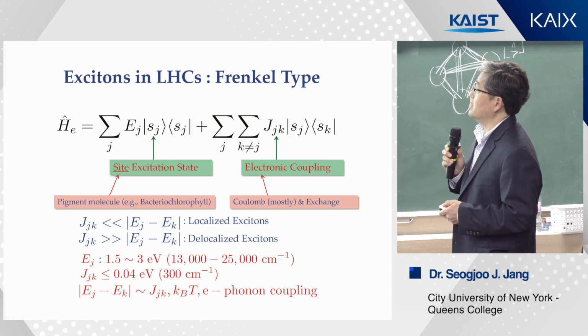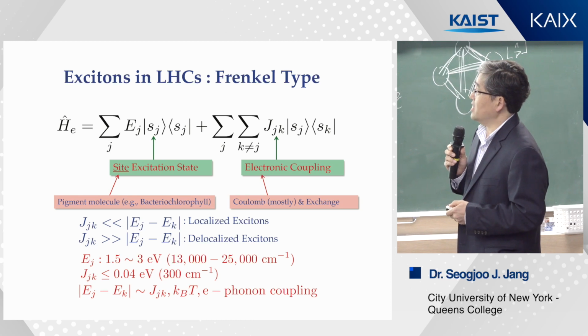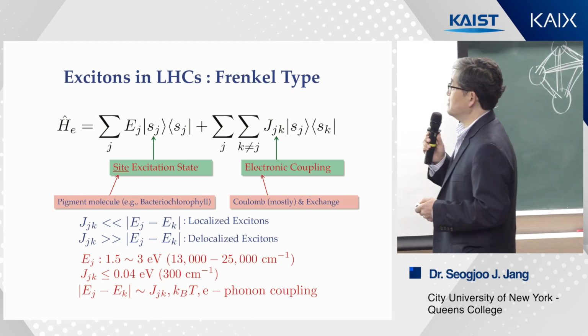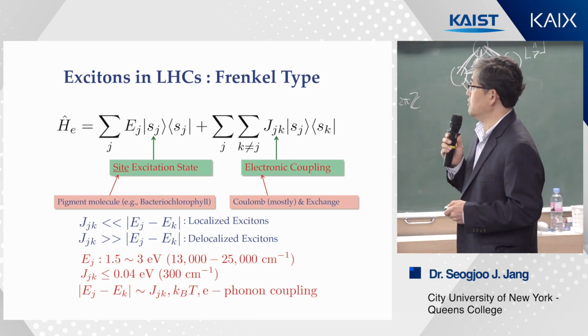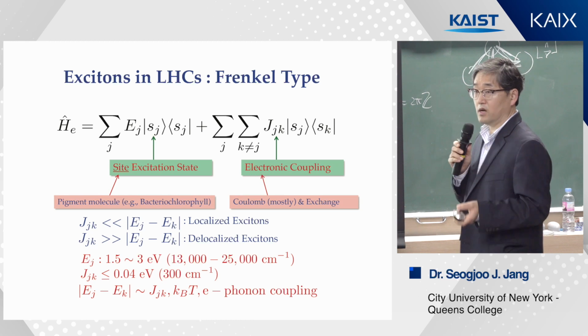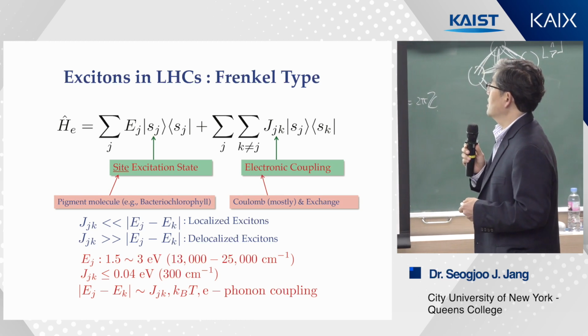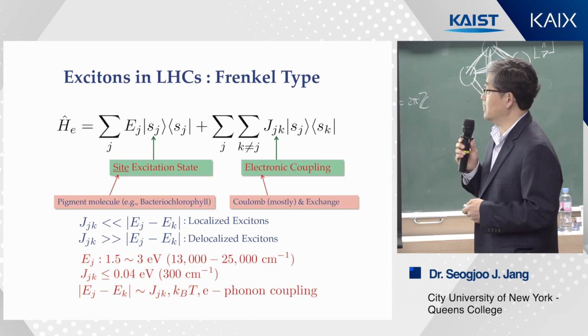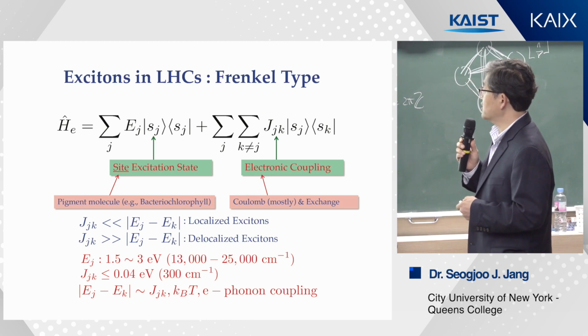Typically, the excitation involves the single excitation of pigment molecules such as bacteriochlorophyll or chlorophyll. The couplings between the pigment molecules mostly involve Coulomb resonance interaction and some exchange interactions.